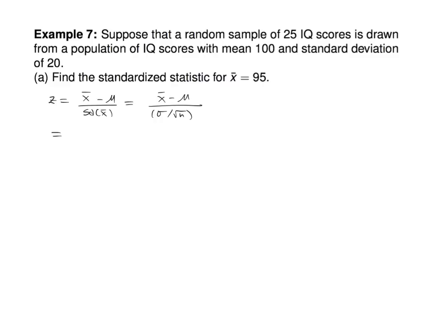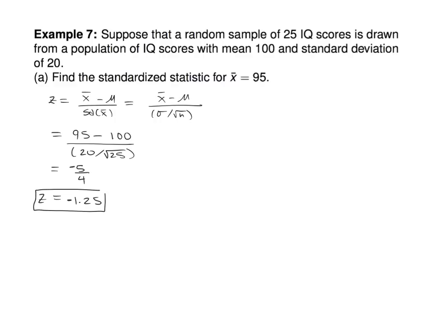So if x bar is 95, this is 95 minus 100, divided by 20 over root 25. So that's 5 over 4, which is 1.25. Oh, and it should be negative 5 over 4 because 95 minus 100 is a negative number. So negative 1.25. And remember that your z-scores come out to be negative when the values you have fall below your mean.